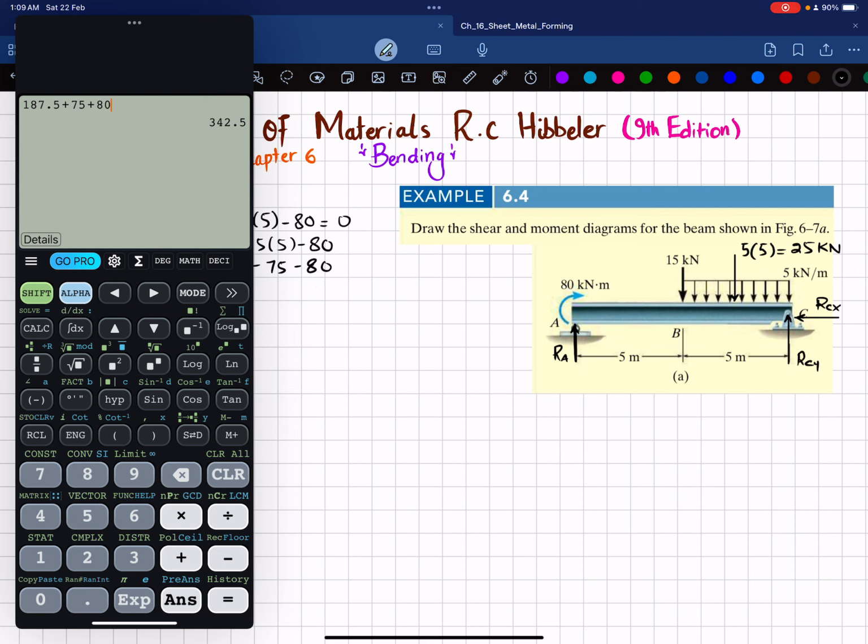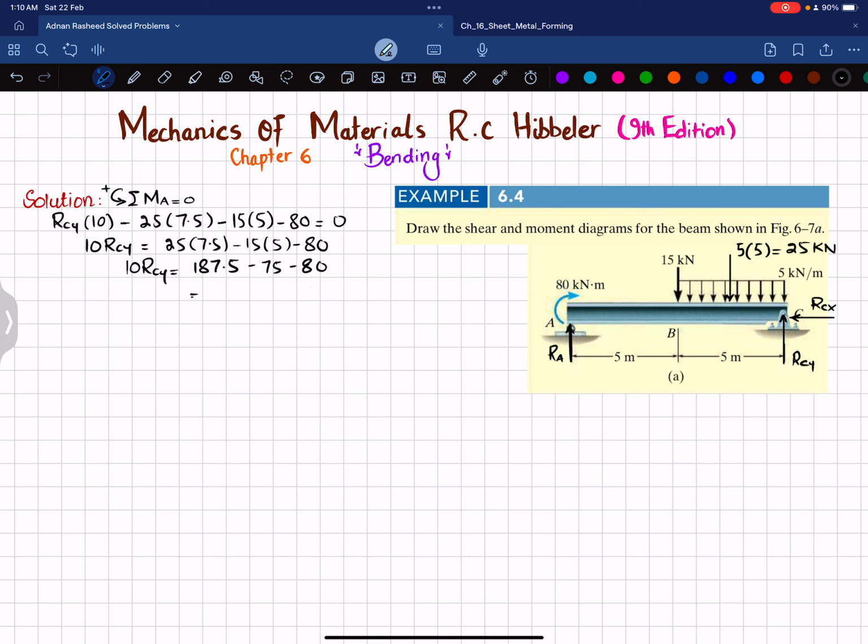Okay, so this will give us 342.5. When this moves towards the right, it will be positive. So I will make this correction. This will be positive.